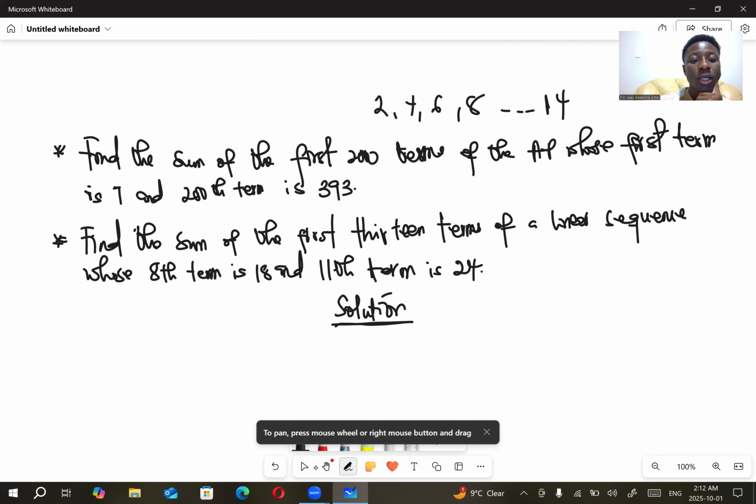Find the sum of the first 200 terms of the AP. So it's a sequence, and they want us to find the sum of the first 200 terms. That's a lot to do one after the other. So the formula will help save us a lot.